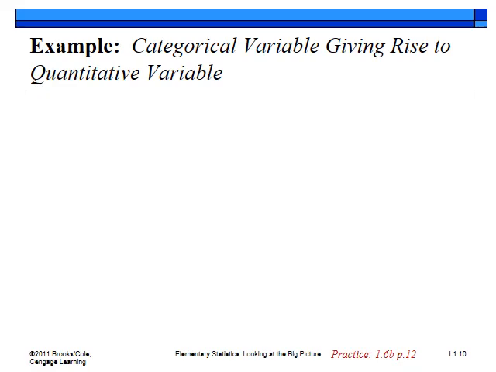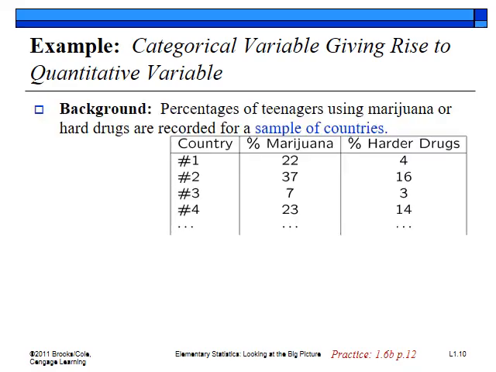Let's look at a similar question, but looked at in a slightly different way. In this case, we're looking at percentages of teenagers that have used marijuana or hard drugs for a sample of countries. Now here are data points, the individuals in the population. Instead of being individual teenagers, we're looking at individual countries.